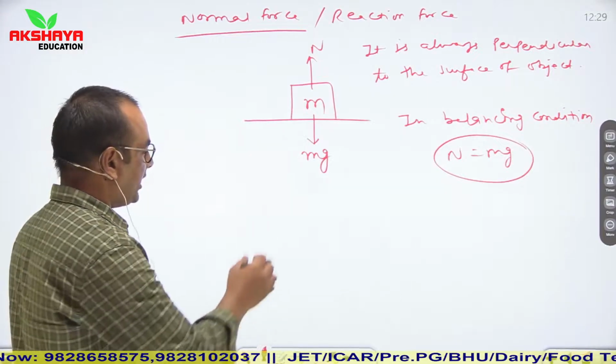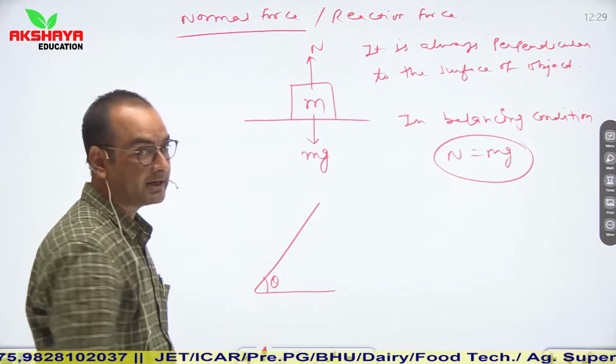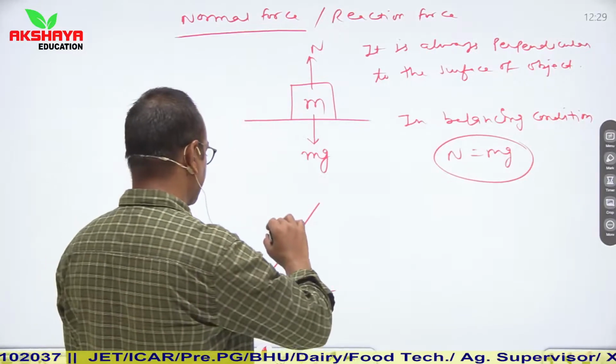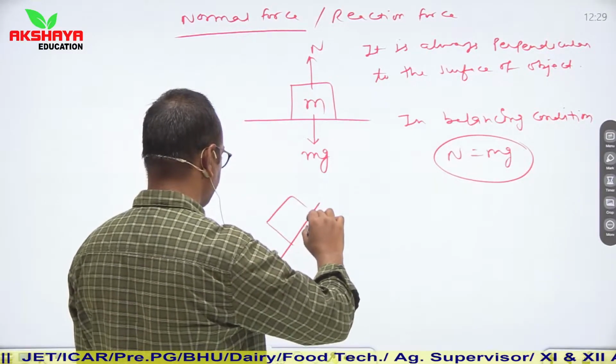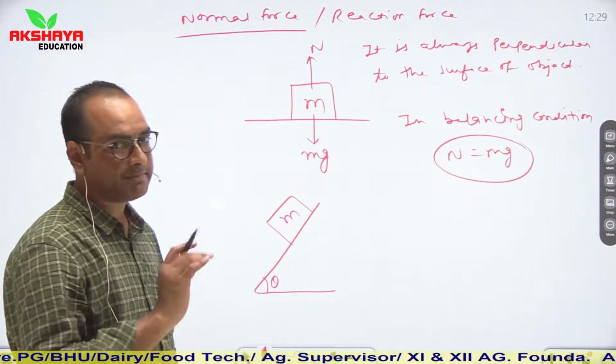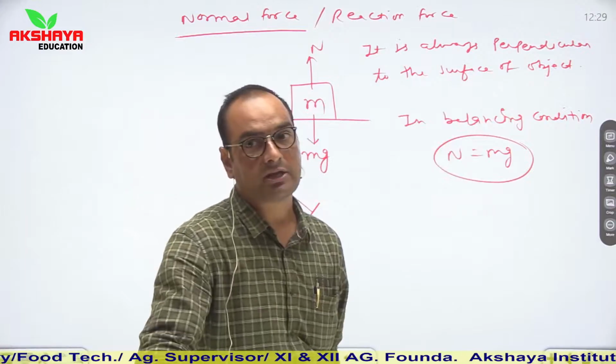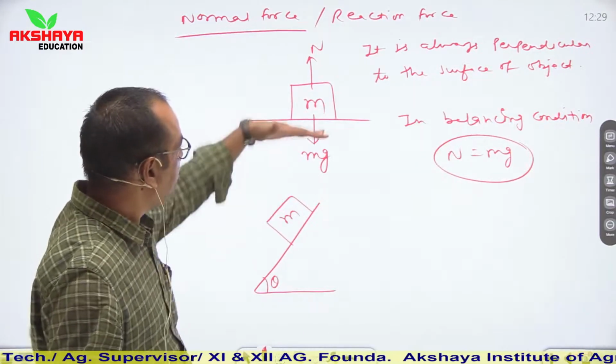Now let us see if this object is placed on an inclined plane. Let us say this is an inclined plane of angle theta, and this object is now placed this way. The concept is very clear that normal is always perpendicular to the surface of the object.